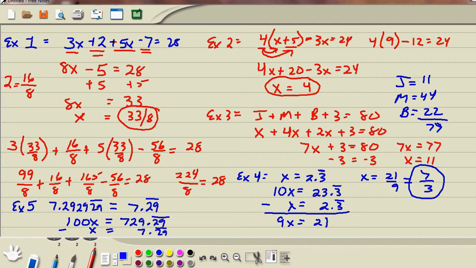x = 7.29 repeating, and I'm going to get 99x = 722. Oh, that's not a negative. I don't know why I did that, but it's a positive. Divide both sides by 99, and that's our answer.